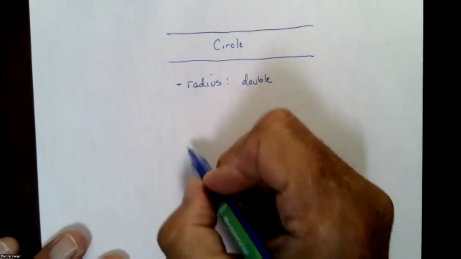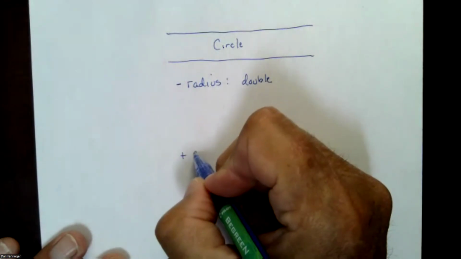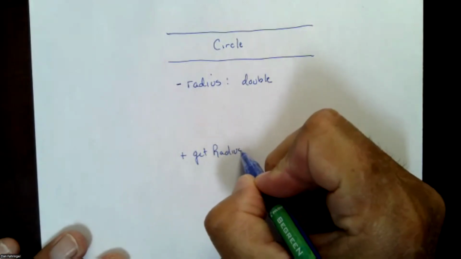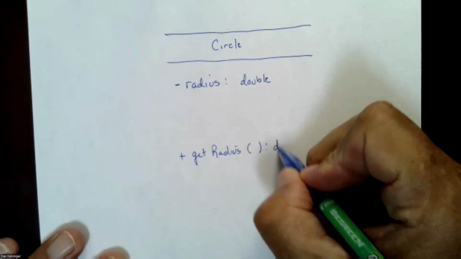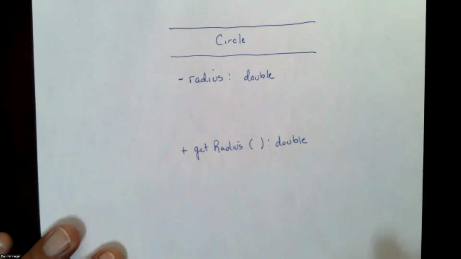And then along with this, we had some public methods like getRadius. And getRadius was one where I was returning a double. So my return type out there was a double.